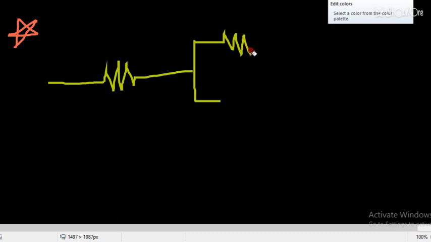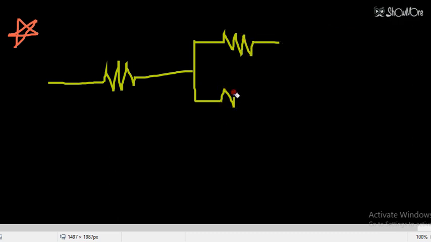The diagram gives me a resistance here. This is the resistance. Then we have two resistances. Then they are closed in this way.